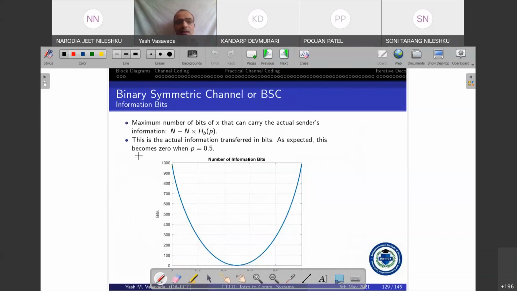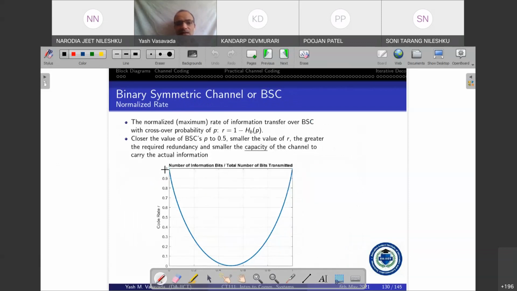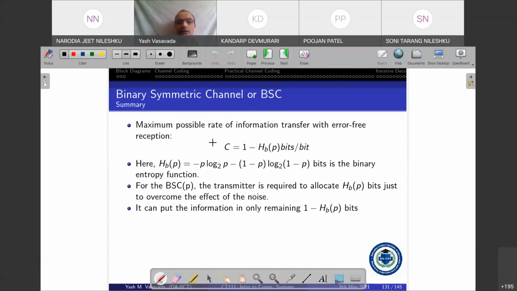So n minus n times HB of P is the maximum bits that can be transmitted. And the graph looks like this. And this is the maximum rate of the information transfer. So the maximum possible rate of information transfer is 1 minus HB of P for the binary symmetric channel. And this is nothing but the information transfer function that we had derived for the binary symmetric channel.